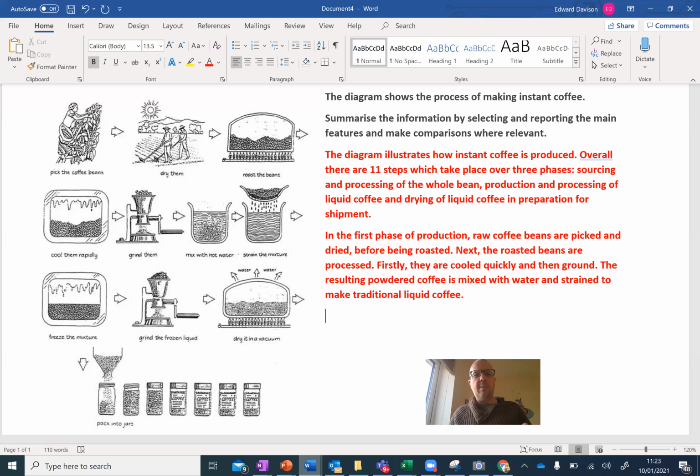Okay, my next phase is about how you take this liquid coffee and turn it into this freeze-dried coffee that we're talking about. So let's have a topic sentence which tells me what the phase is about.